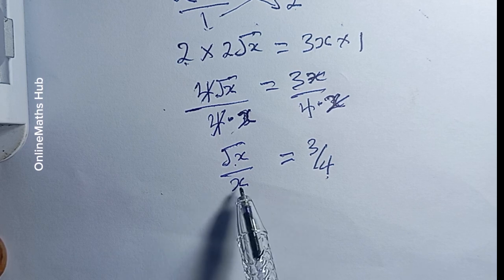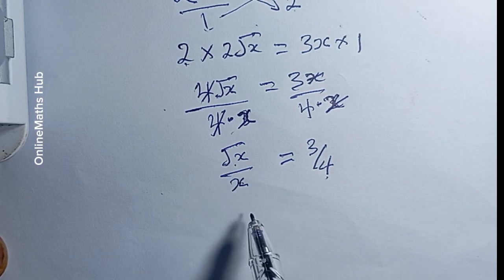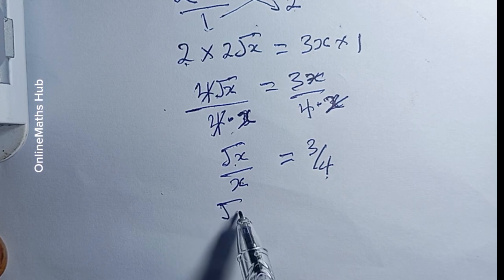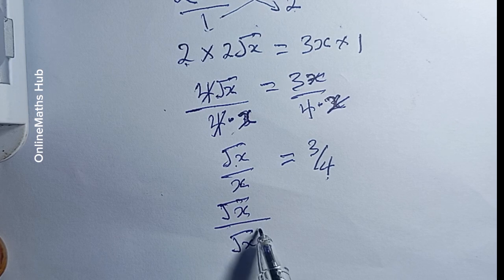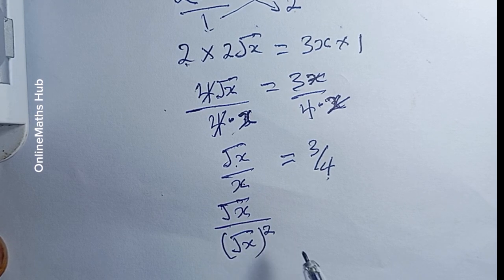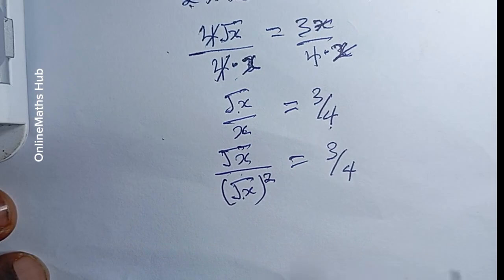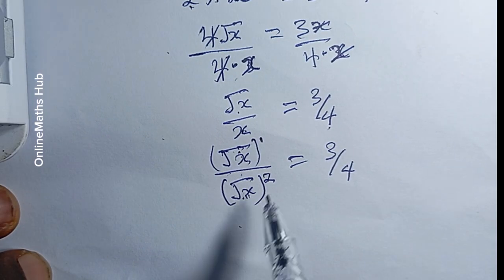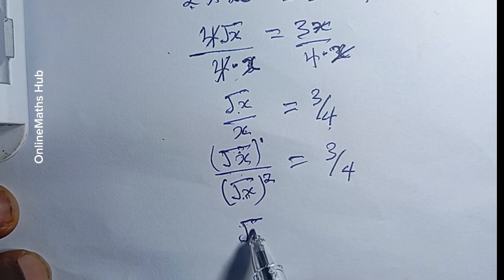So the next thing I want to do is to find a way to write the denominator in form of the numerator, and if I do that, this is going to be equal to root x divided by root x all raised to power 2. Of course this is 3 divided by 4. So since they have the same base here, I'm going to pick 1, and then I will subtract the powers.